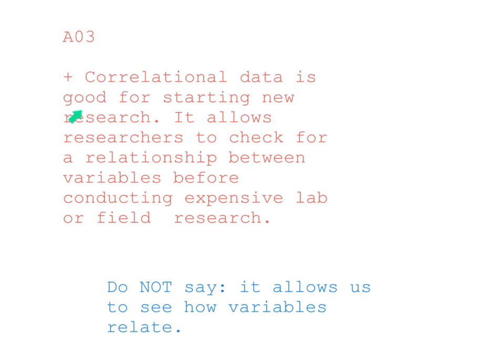Correlational data is good for starting new research. It allows researchers to check for a relationship between variables before starting expensive lab or field experimental research. So that's what you want to copy and paste. That is a superb AO3 that will always win you marks.